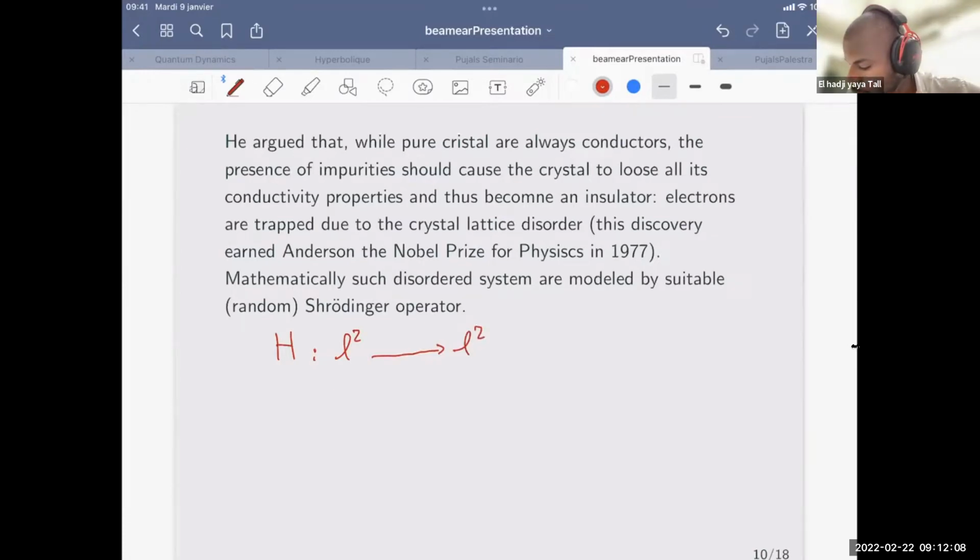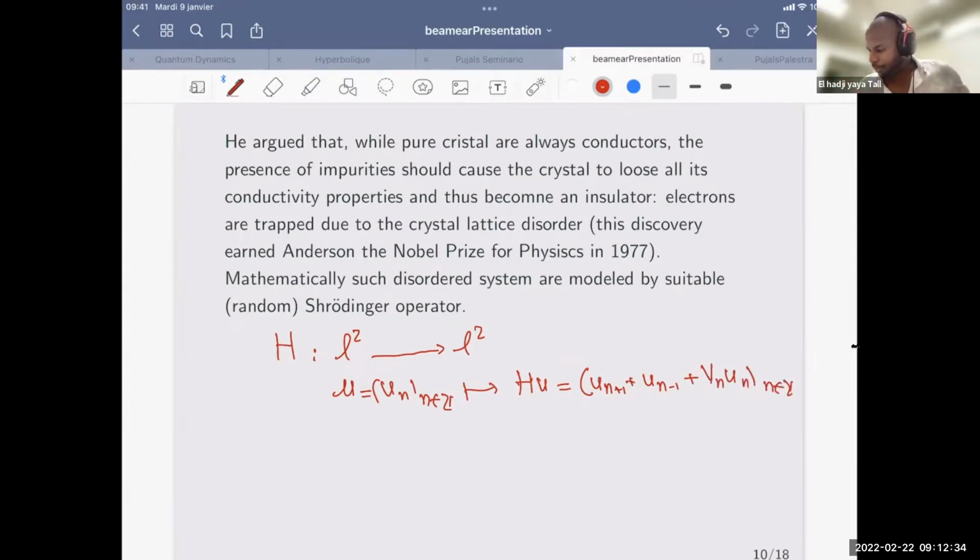Given a sequence u = (u_n), n in Z, you associate Hu, given in coordinates by u_{n+1} + u_{n-1} + v_n u_n, n in Z. This is called the Schrödinger operator associated to the sequence v_n.